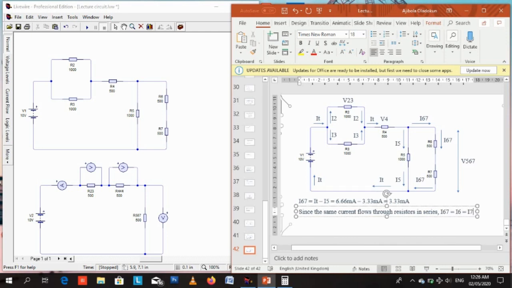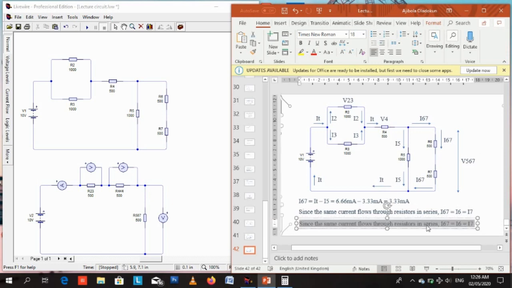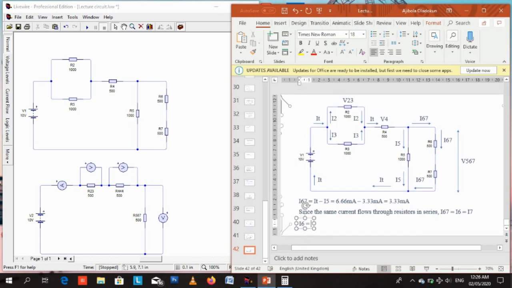So I6 equals I7, because I67 is that current. I67 flows through both R6 and R7. So I6 equals I67, and I7 equals I67. So I6 equals 3.33 milliamperes. The same thing too with I7.